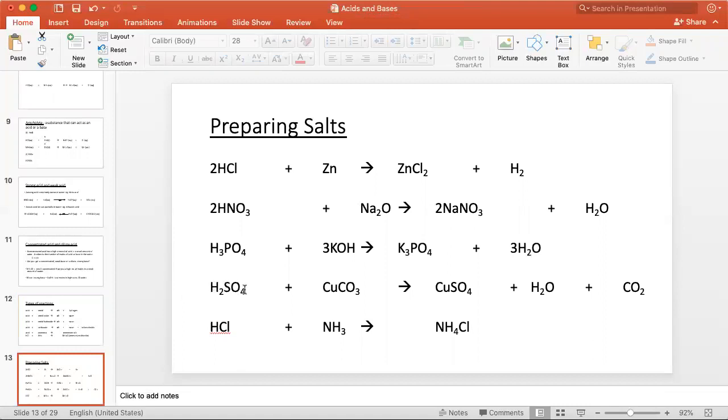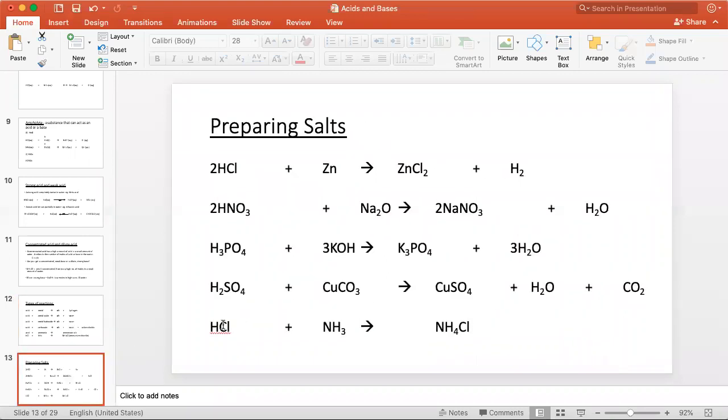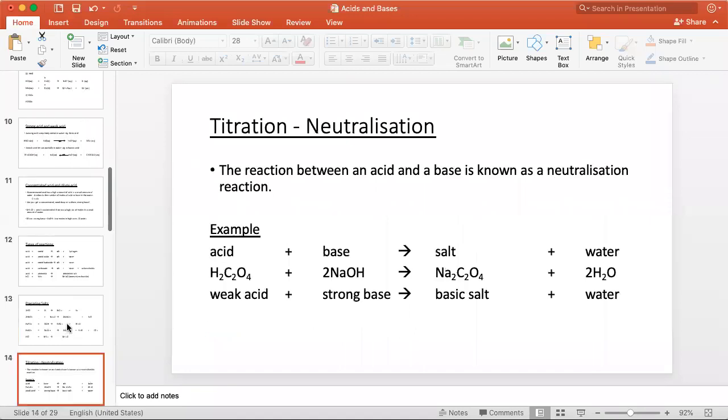H2SO4 plus copper carbonate will give you copper sulfate, the salt, plus H2O plus CO2, which has to be balanced. And acid plus ammonia will give you the ammonium salt. We did that: HCl plus NH3 gives you NH4Cl.